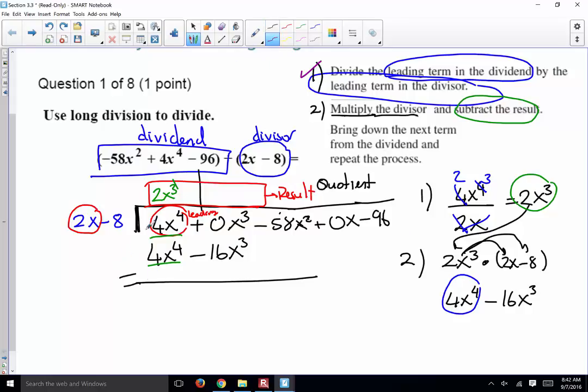We subtract this. That means 4x to the 4, take away 4x to the 4. What is the result? They do cancel. And nothing comes down. It's 0. Now, I'm going to subtract 0x cubed and minus 16x cubed. 0 take away minus 16 is minus 16x cubed. Right? I combine these two. Everybody agree? 0 and negative 16 makes negative 16.